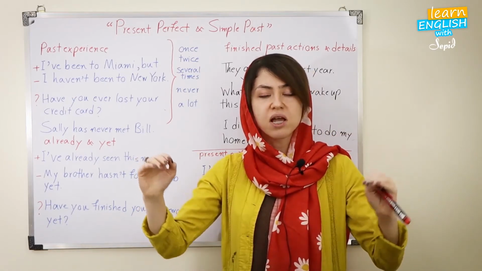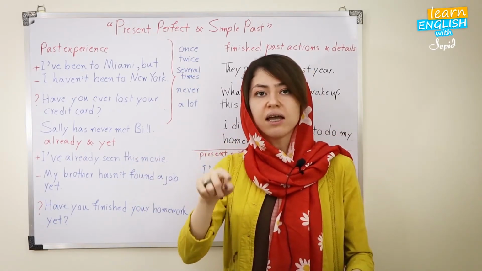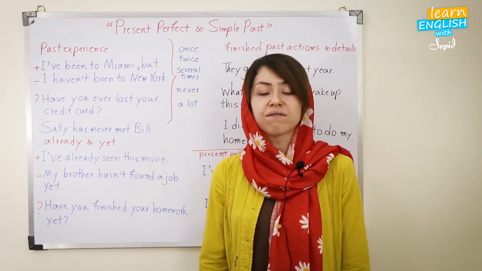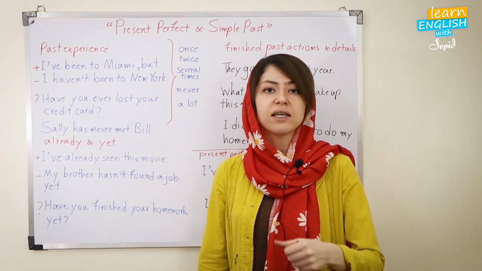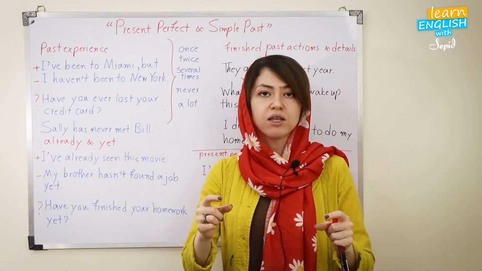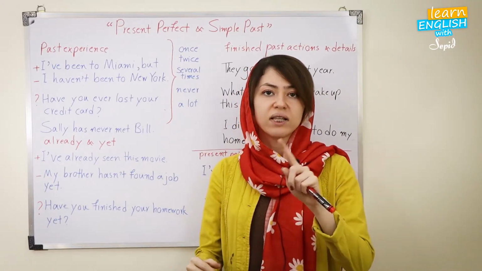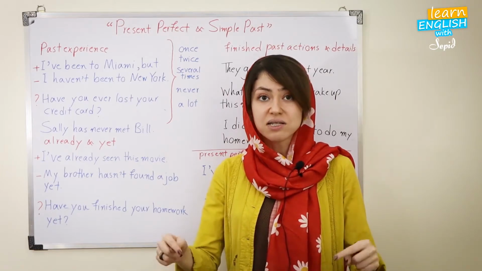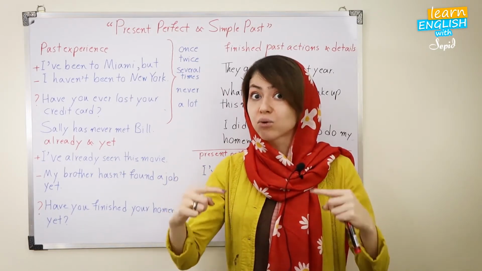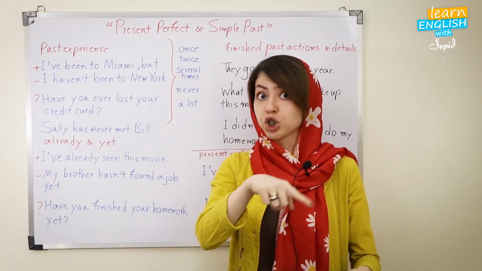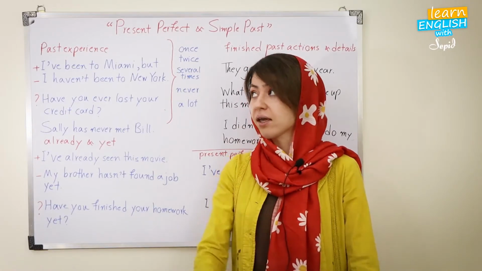For regular verbs, we just add ed. If you know the list of irregular verbs, you can easily use them, okay? You can easily understand the regular verbs as well as irregular ones, okay? It's necessary to know the list of irregular verbs, the verbs that change in form, okay?